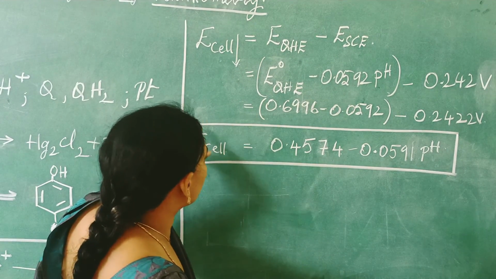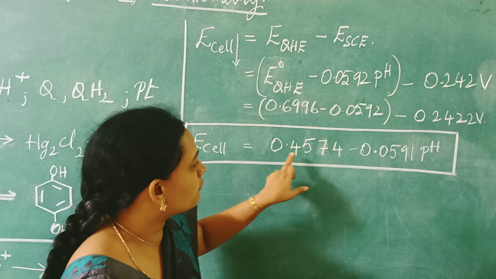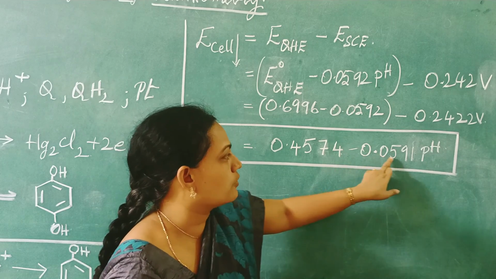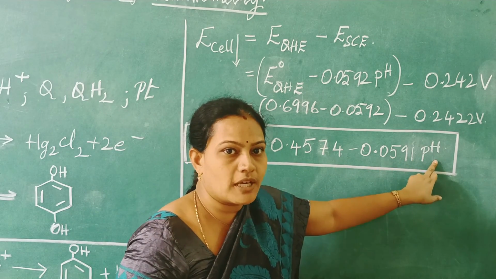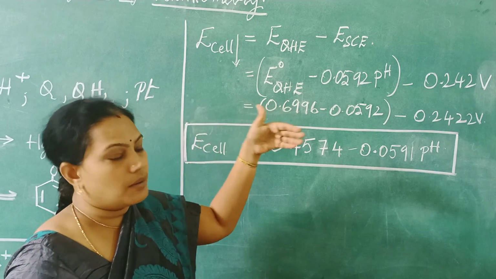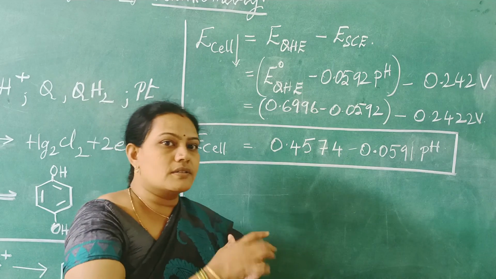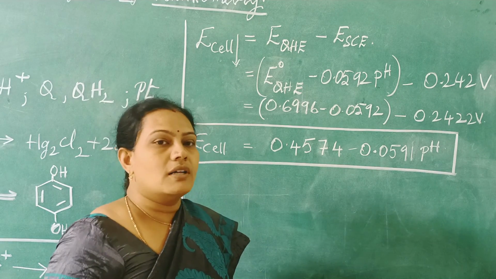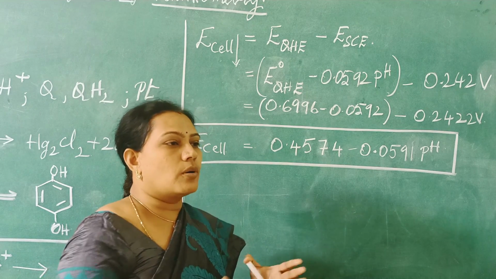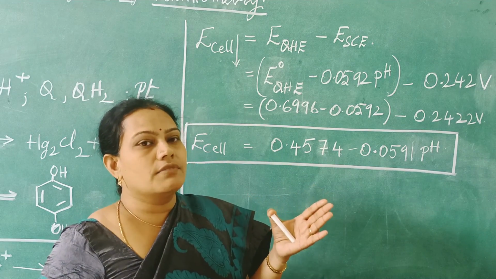So overall EMF of the cell, when you observe with the reaction electrochemical cell, it is 0.4574 minus 0.0591 pH. Now whenever you are adding this NaOH to the HCl solution, there's going to be continuous decrease in the potential values, and from positive EMF values they tend to decrease to negative EMF values.